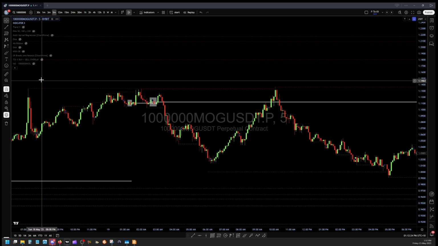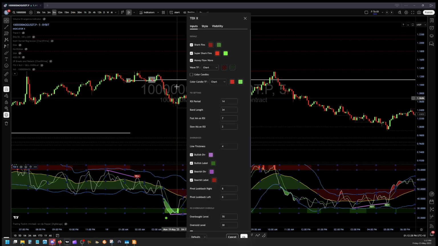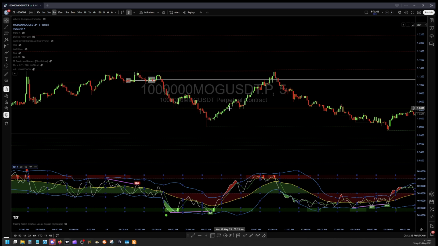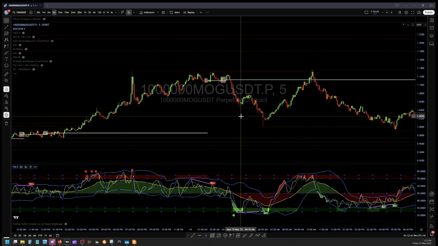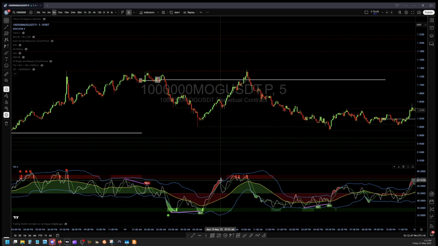Another thing I like to do, and this is just something I like, I like these color candles a lot. You can put the color candles on TDIX, and it helps with your candle color. Sometimes that's really helpful, because it changes the color of the candles whenever the fast MA crosses the slow MA.